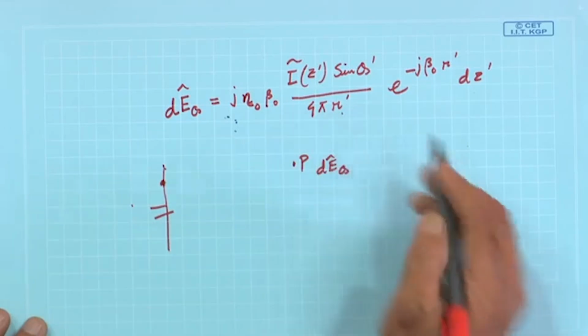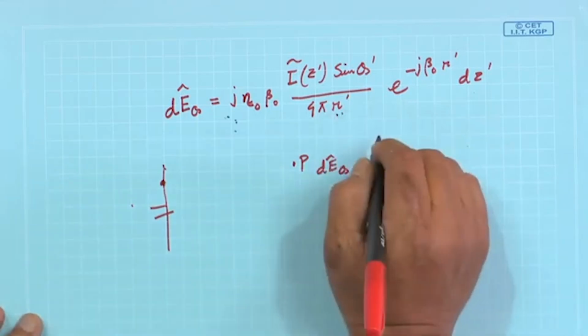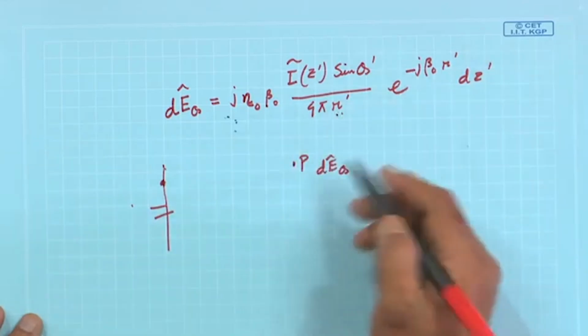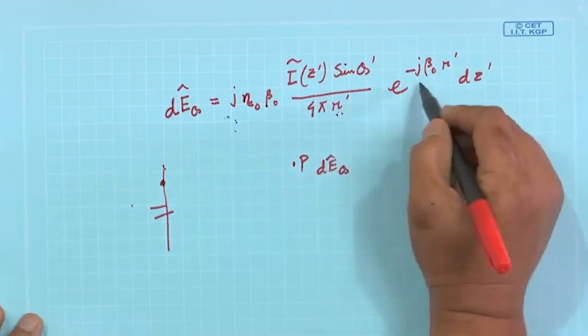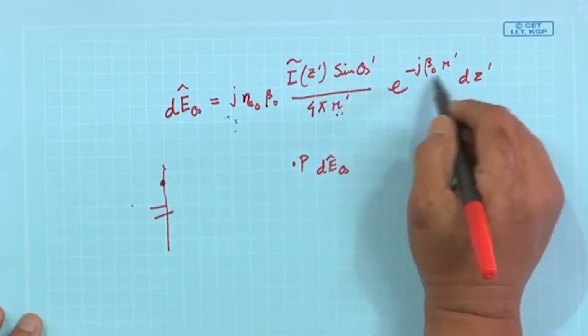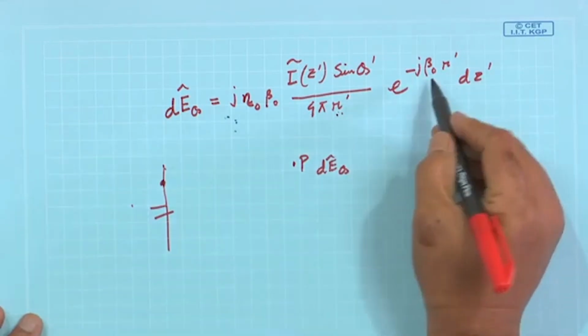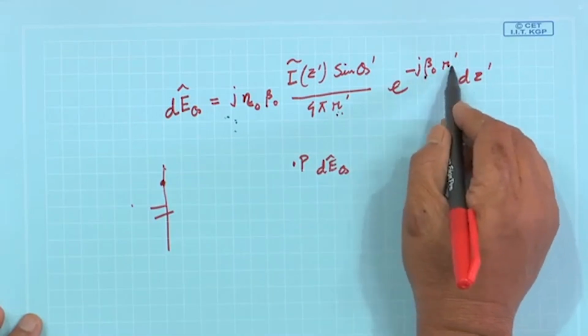As we know, in the denominator, since P is far away, in the far field, r and r dash are all equal, but we cannot do this in the phase part, because phase is very much sensitive, and actually it is not only r dash, it is beta naught into r dash.